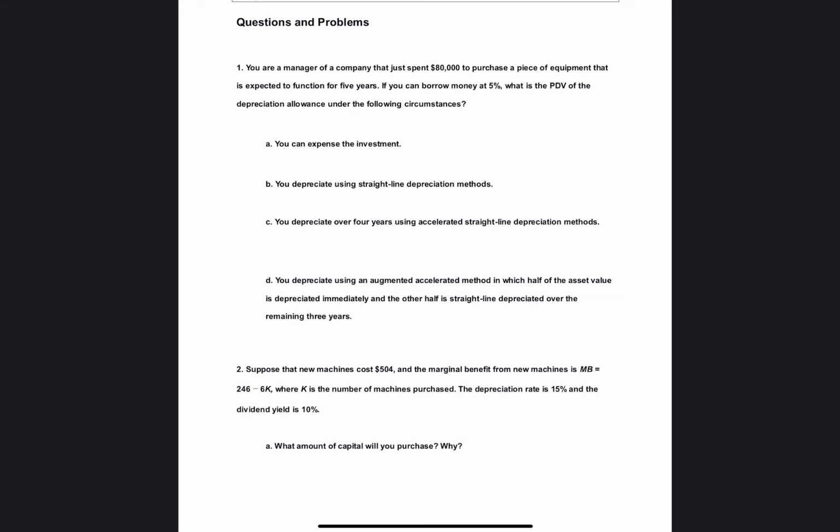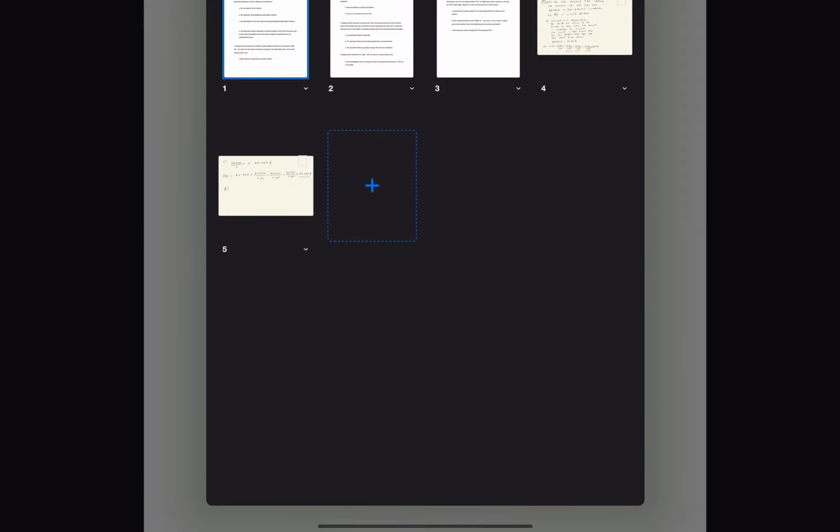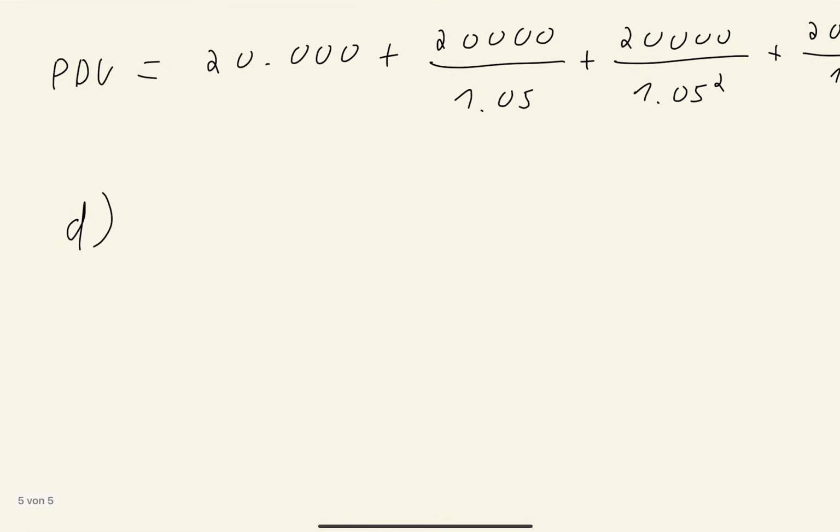So now what you do is that half of the asset value is depreciated immediately, and the other half is straight line depreciated over the remaining 3 years. Okay, so again, since it's only the 4 years, we're not considering the full 5 years, it's accelerated and it's augmented because we immediately deduct half of the payments.